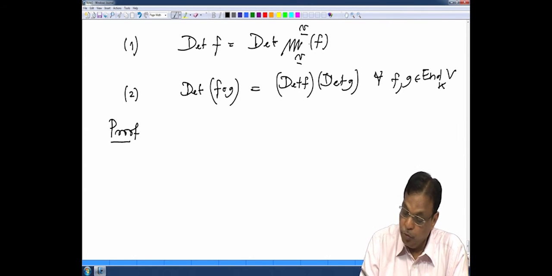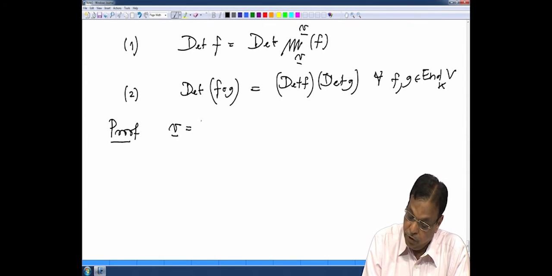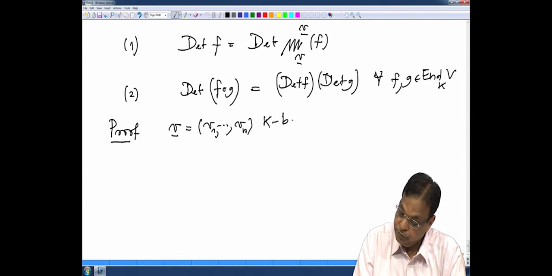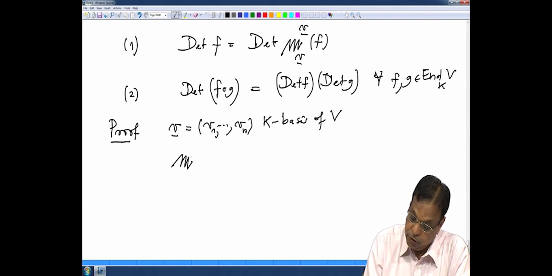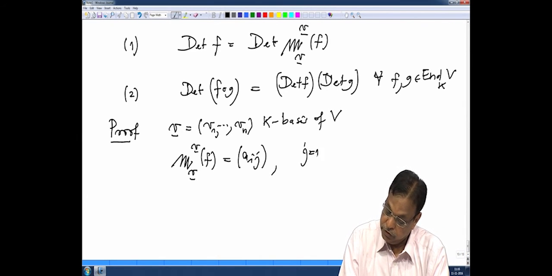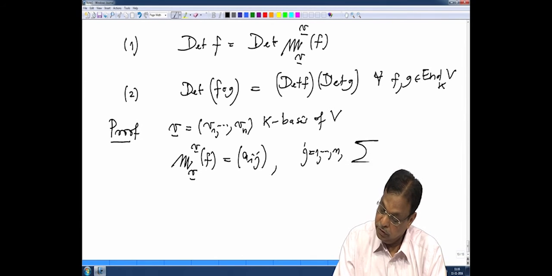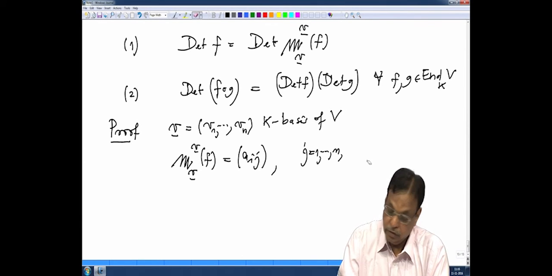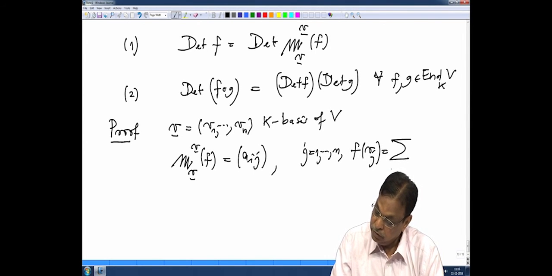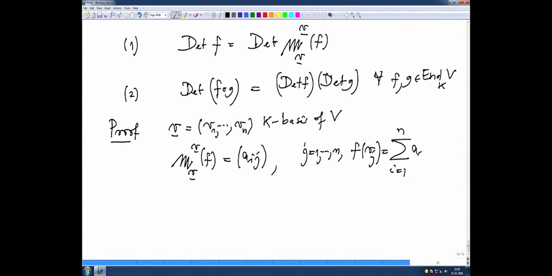So to prove one, I have been given a basis v1 to vn, a K basis of V. Then, as I said, the matrix of F with respect to this basis is the matrix Aij, where the Aij's are defined by these equations: for j equal to 1 to n, F of vj equal to summation over i from 1 to n of Aij vi.